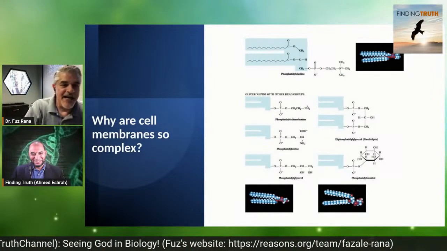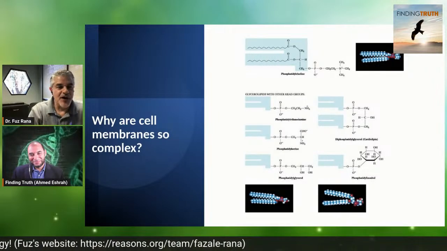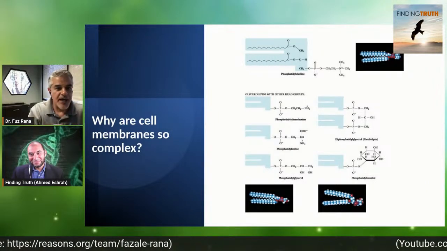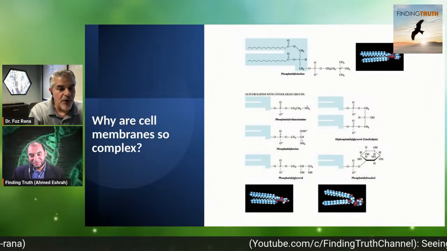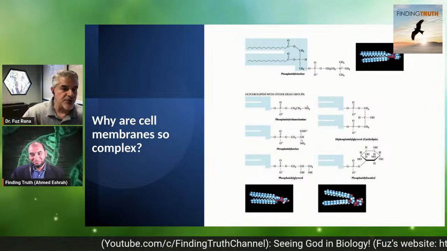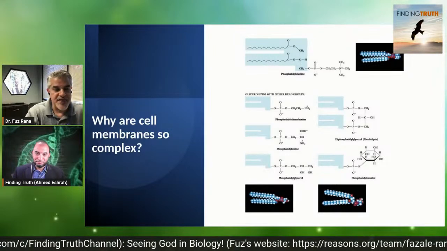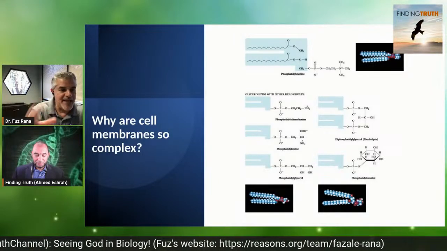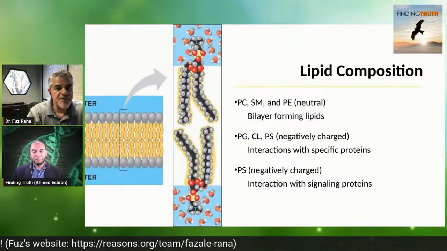Yeah. And then I'm actually starting to run out of time here, but I'm going to just wrap up very quickly. Another question is, why are membranes so complex? Why not just build membranes out of a single phospholipid species, right? I think we've already intimated at this, it's because these different phospholipid species are doing different things.